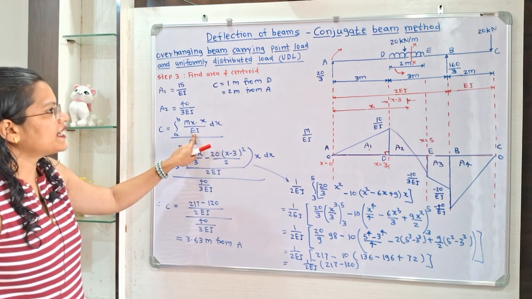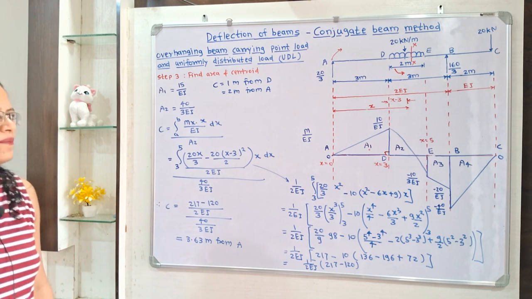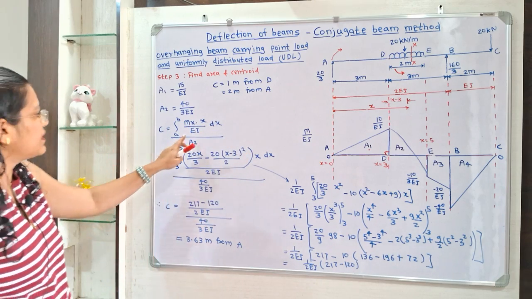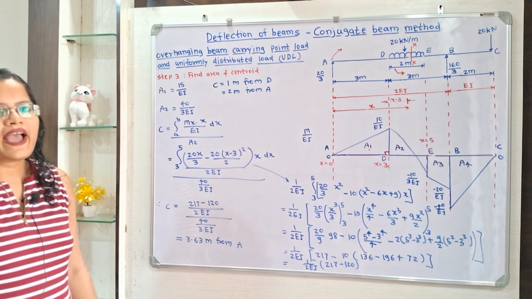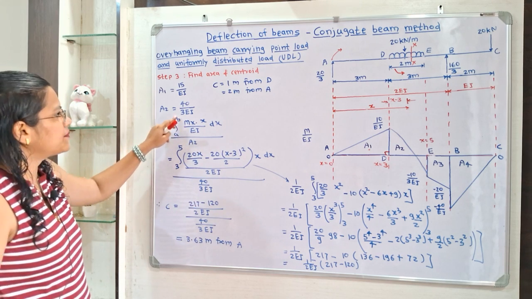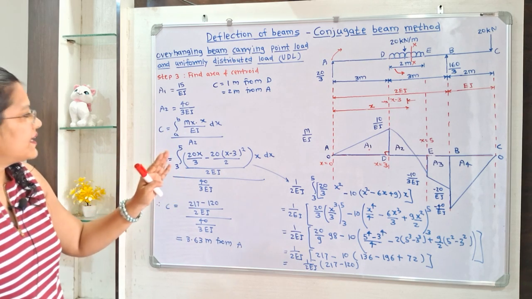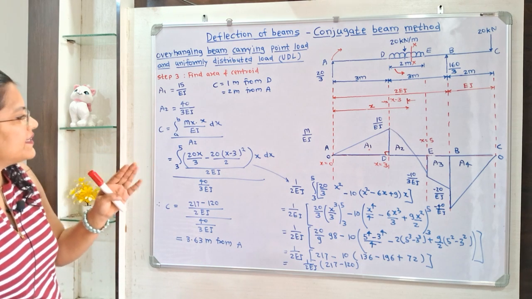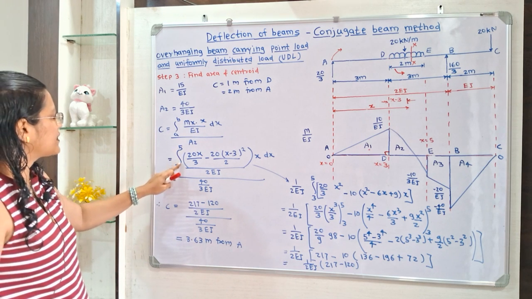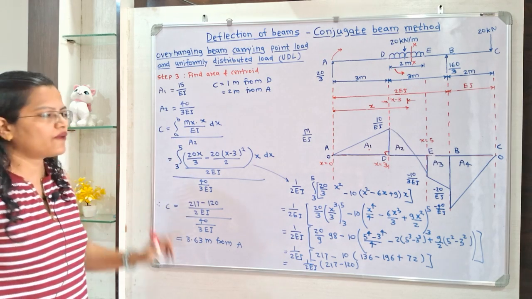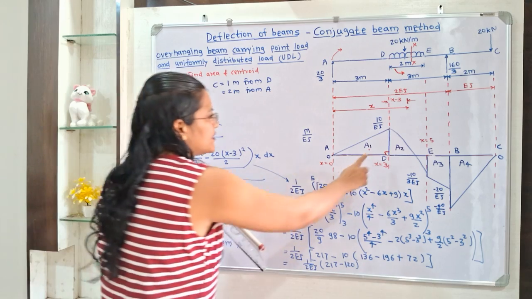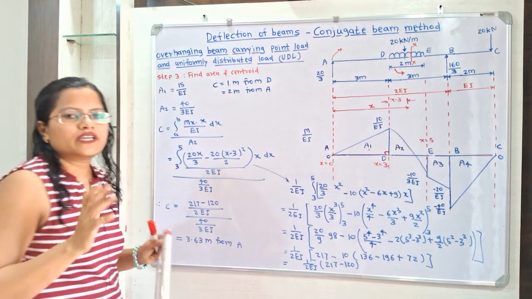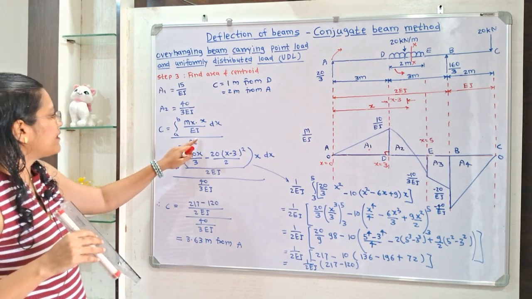Now instead of EI we have to take 2 EI, because for this section DE flexural rigidity is given as 2 EI. And what about this A and B? So at point D value of A is equal to 3 and at point E it is equal to 5. So we have to take the boundary conditions from 3 to 5, because this area is in between D to E. So we have to take the value of x in between D to E and divided by A2.